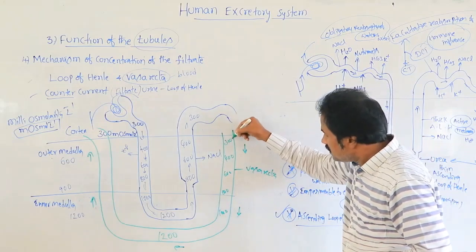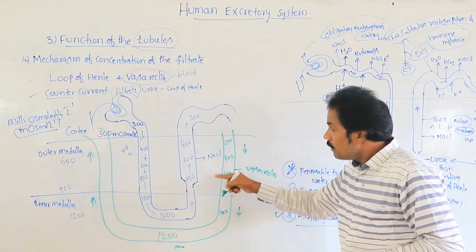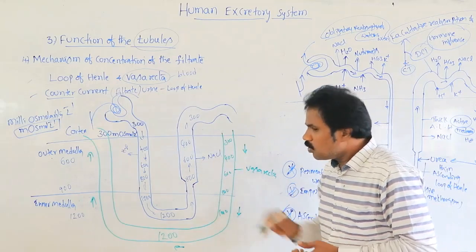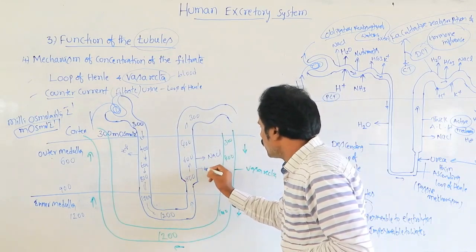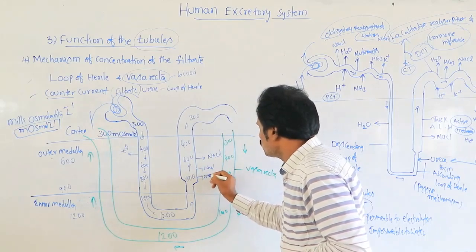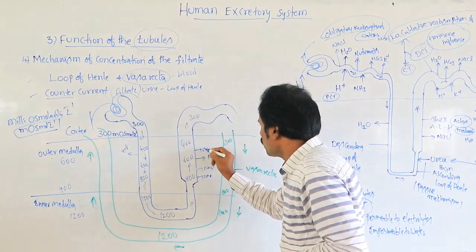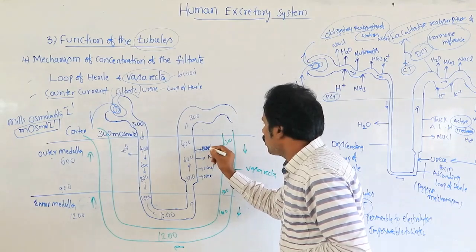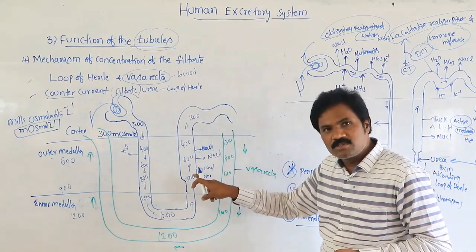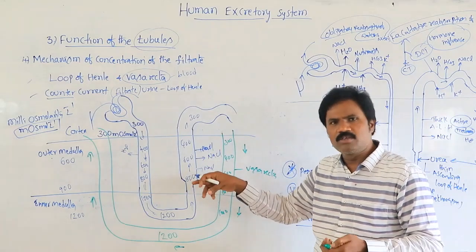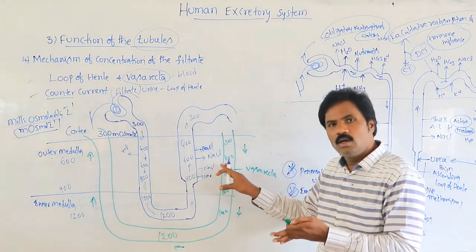So in the descending vasa recta, along with the sodium chloride, potassium is there, magnesium is there, calcium is there, all is there. For understanding only, we are calling it sodium chloride.